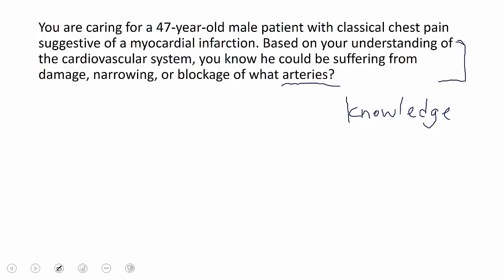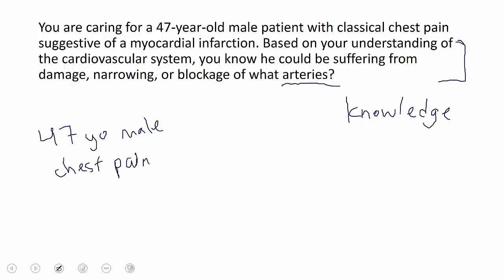You're caring for a 47-year-old male with classical chest pain suggestive of an MI. All right, so now I think we have all the information we need to answer this question. The chest pain and myocardial infarction narrows it down to the heart, or at least the chest.